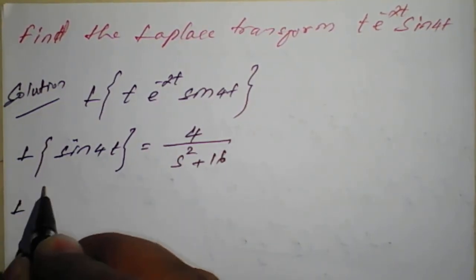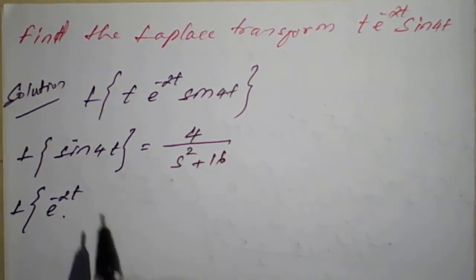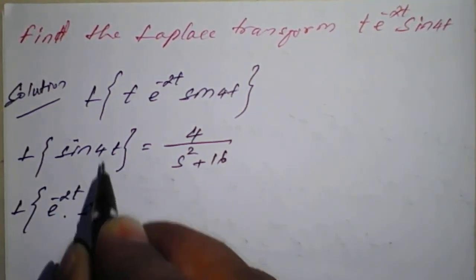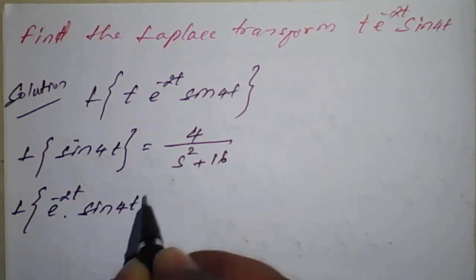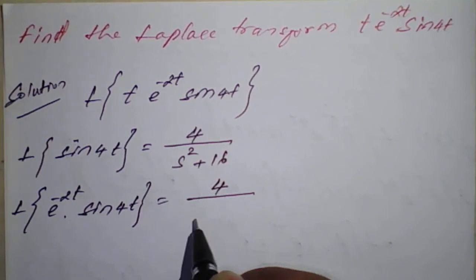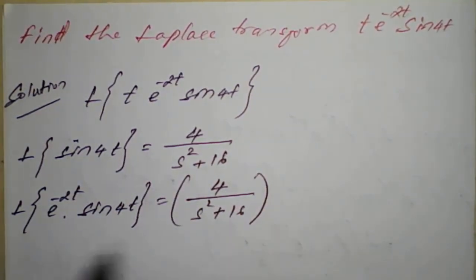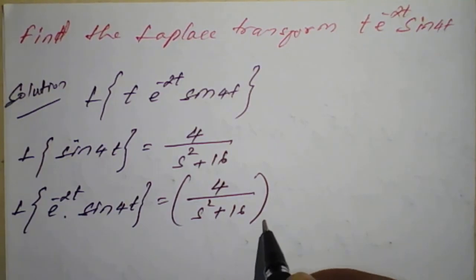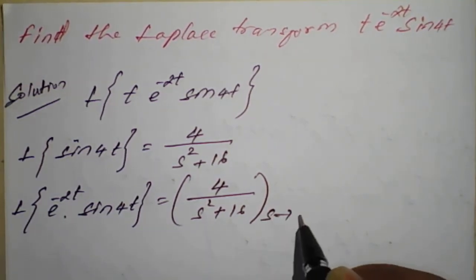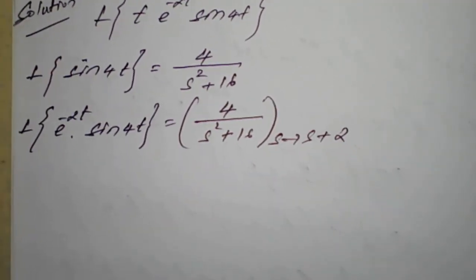Therefore, for the Laplace transform of e raised to minus 2t multiplied to this given sine 4t, what happens to the right hand side? It will become 4 divided by s square plus 16, and because of the shifting property for e raised to minus 2t, s is going to change to s plus 2, as per the first shifting property.